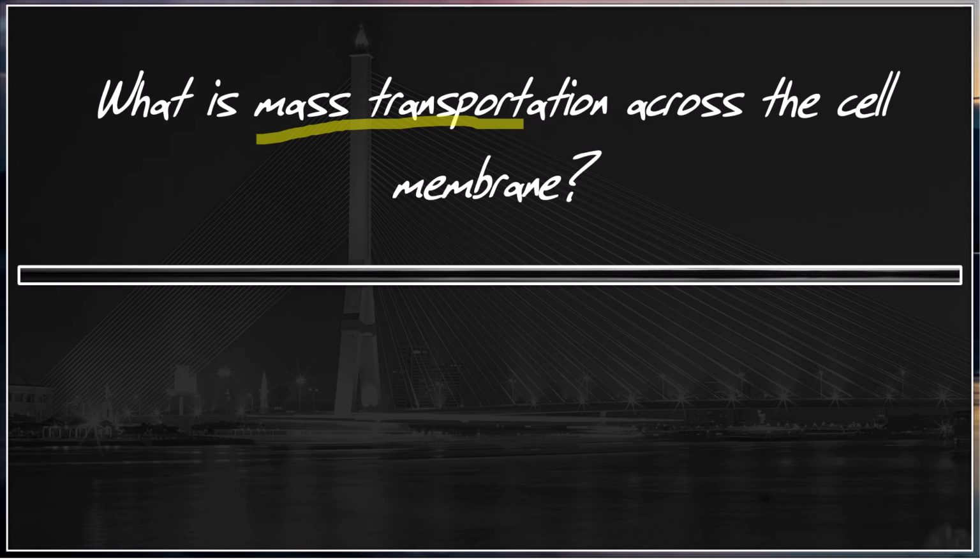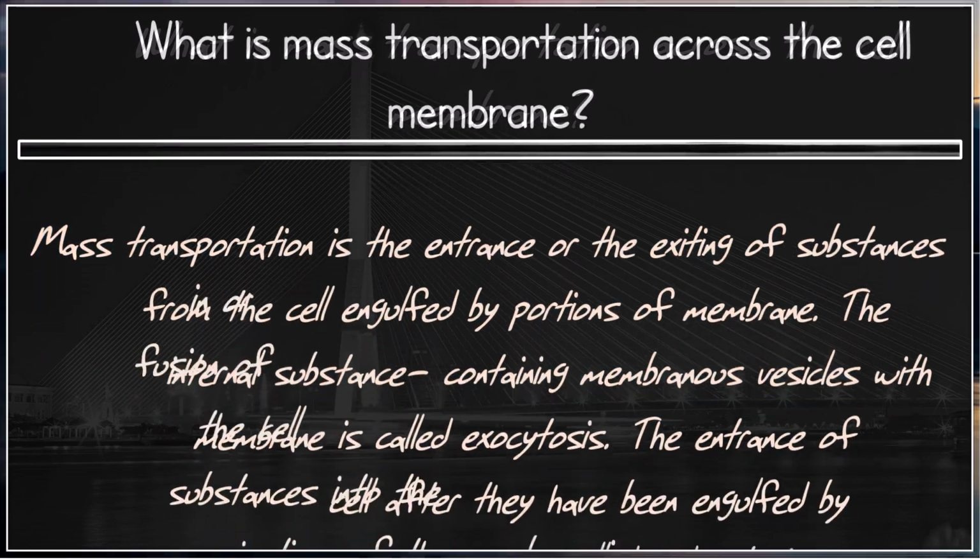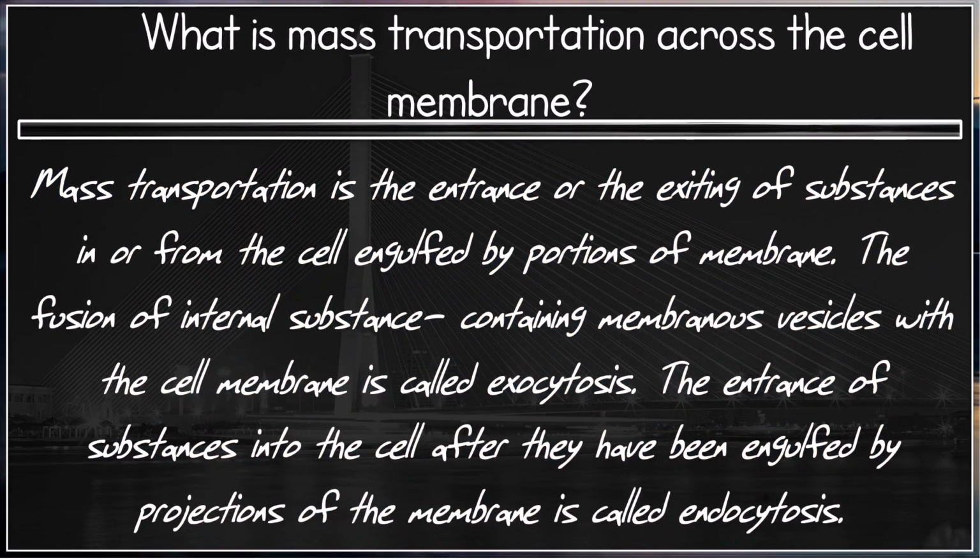What is mass transportation across the cell membrane? Mass transportation is the entrance and exit of substances in and from the cell engulfed by a portion of the membrane.